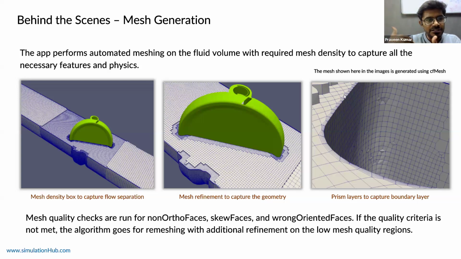If you see the mesh density near the moving body as well as upstream and downstream of it, you can see variations in the size. That is to capture the small flow separations and the expected gradients. On top of this, the algorithm runs mesh quality checks for non-orthogonality, skewed faces and wrongly oriented faces, and finally improves the quality. The point I am trying to make is, go to the next slide.